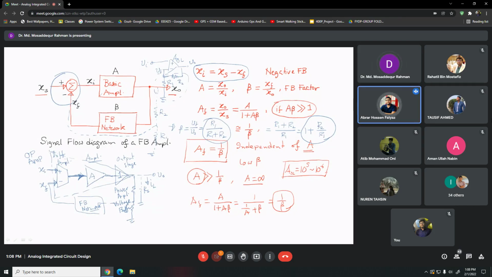Sir, in 207 we studied that we use the op-amp as a voltage buffer. And here you are saying this total thing is an op-amp. Sir, I didn't get this actually. Yeah, the whole op-amp as a voltage buffer. Right, but inside the op-amp you have another buffer. Oh, now I get it.